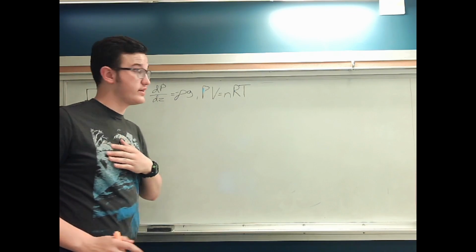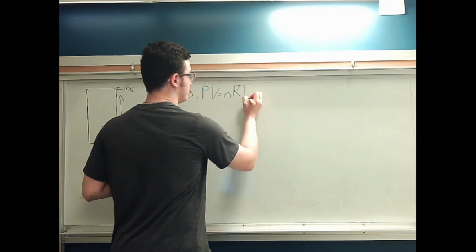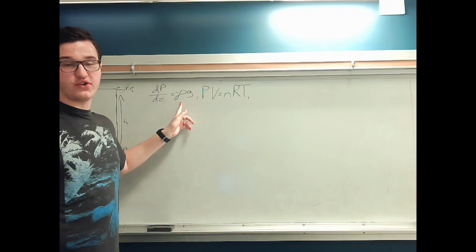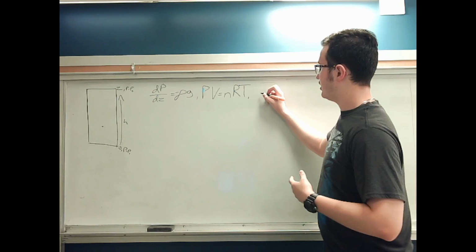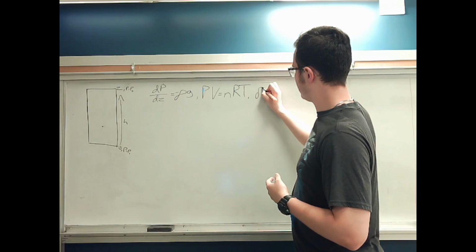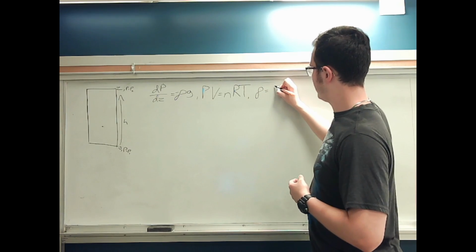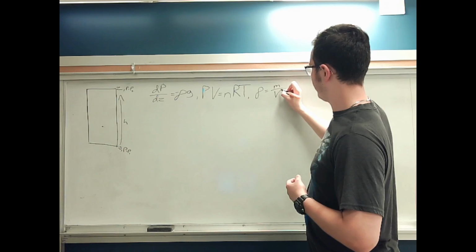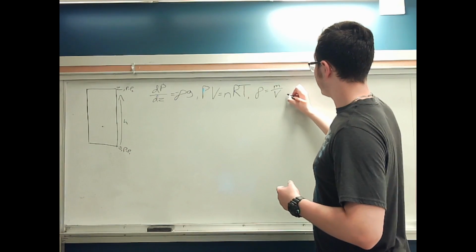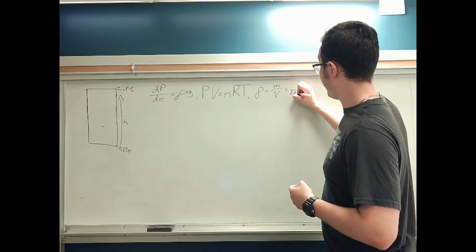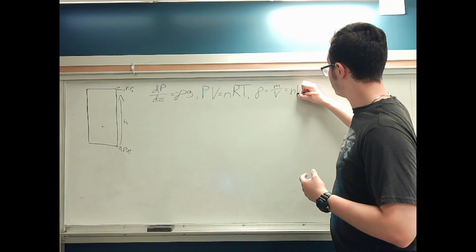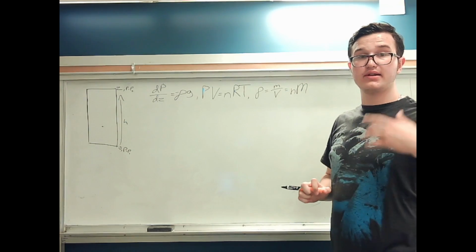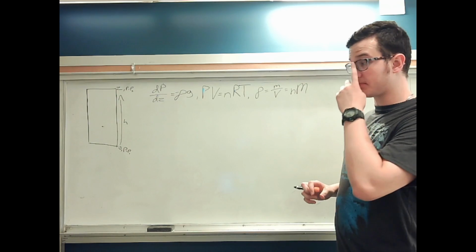We also want an equation for density. Density is equal to mass over volume. We know that. It's also equal to n, number of moles, times capital M, which is molecular weight.